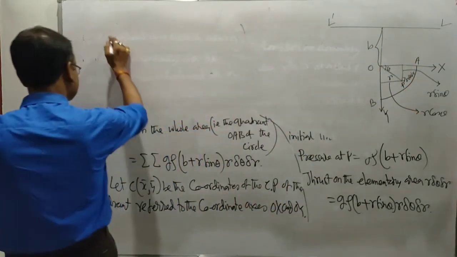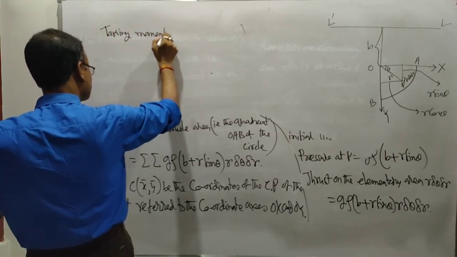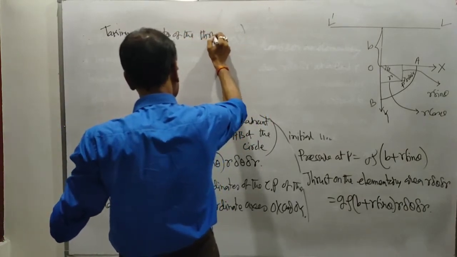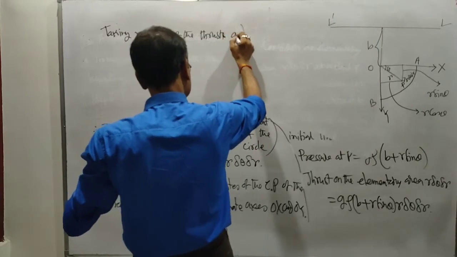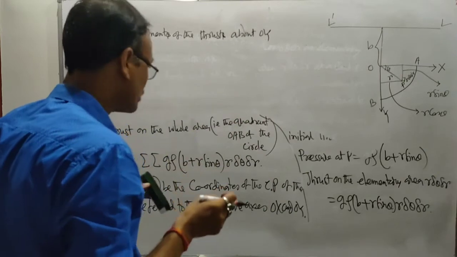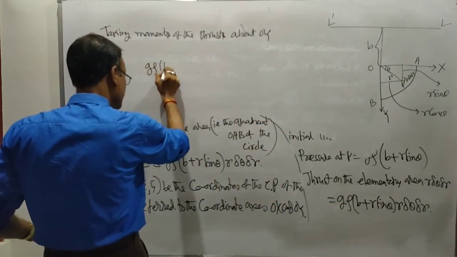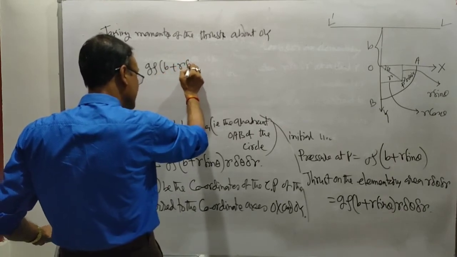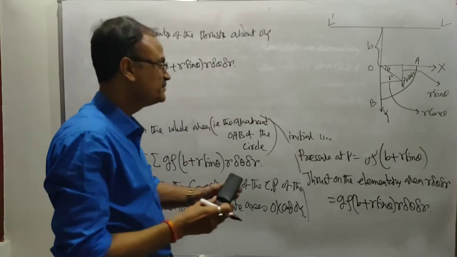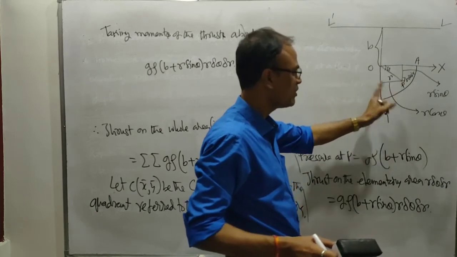Moments of the thrust about OY: double summation 0 to b plus r sin theta r delta theta delta r into r cos theta.